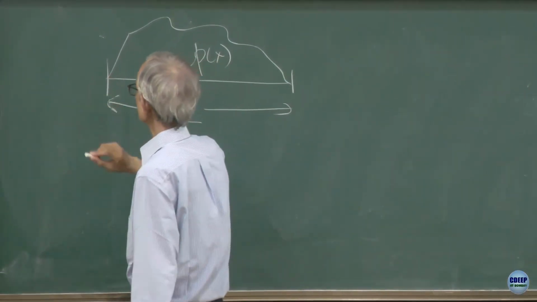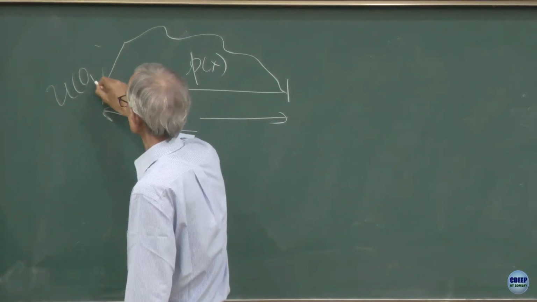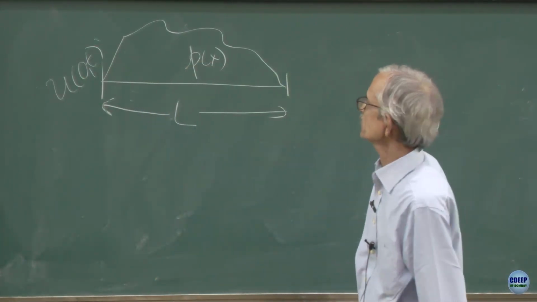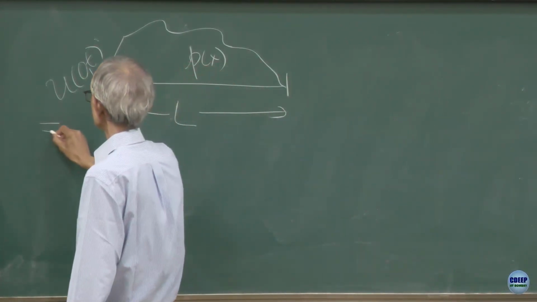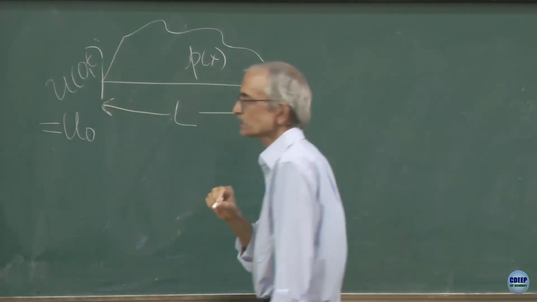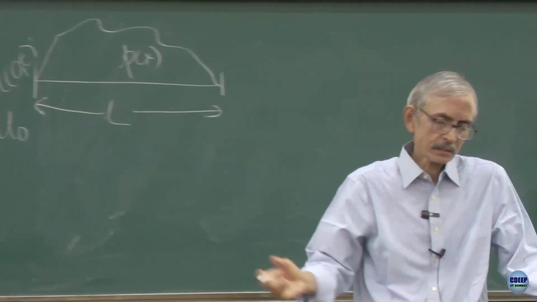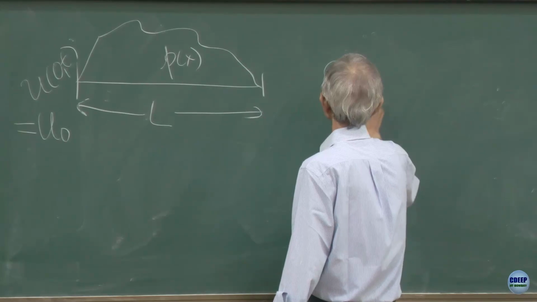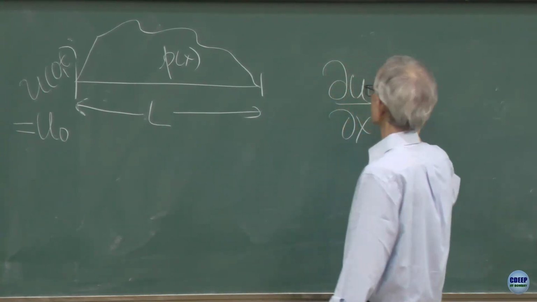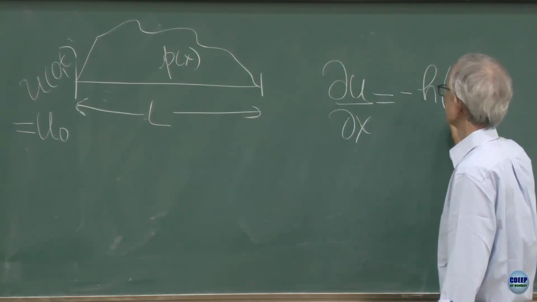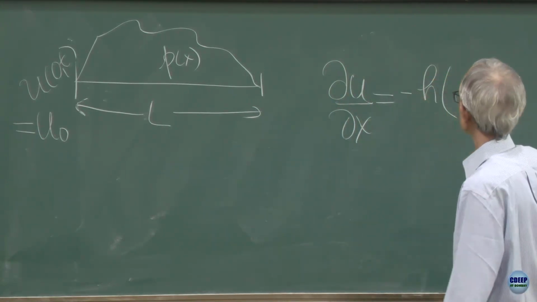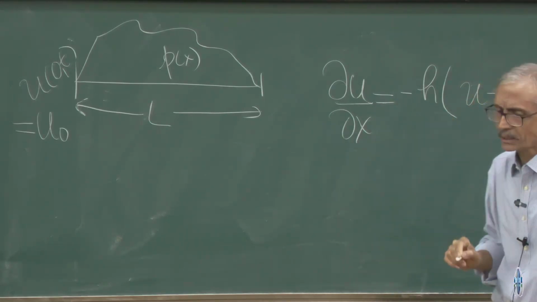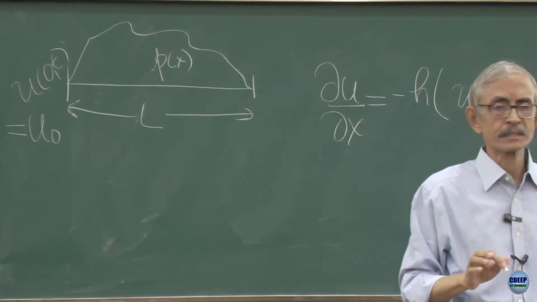At the left hand side, u at x equal to 0, at all t, we say is equal to some constant u naught. That's a condition that has been given to me. Similarly, on the right side, del u del x has been given to be equal to minus h times (u minus u naught). Whatever this u naught may be, it is known to me, it is a constant.